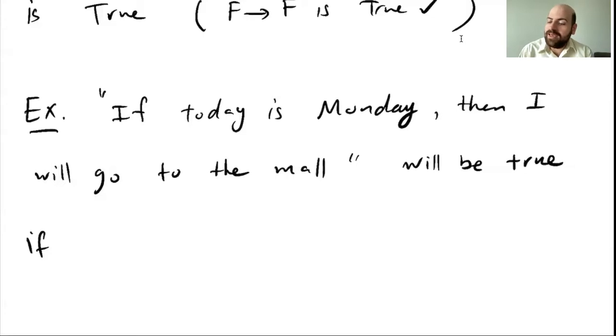So only in one case will this be false. In what case will this be false? The compound statement above is false if today is Monday, so if P is true, and I do not go to the mall.